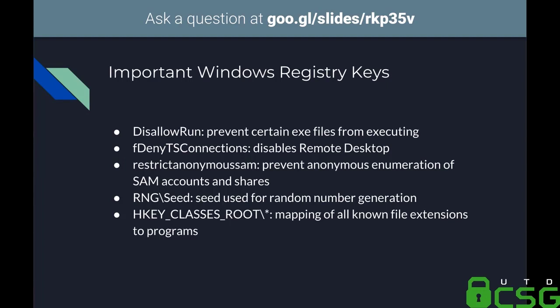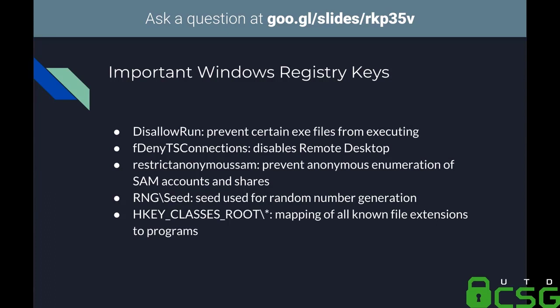And so that can be used in order to get the seed that it started the random number generator with, and you can potentially reverse whatever the initialization vector or whatever it was using it for is. So that's another important one.